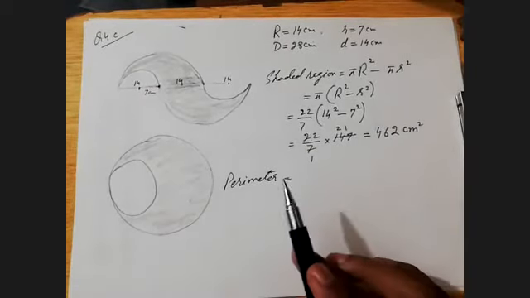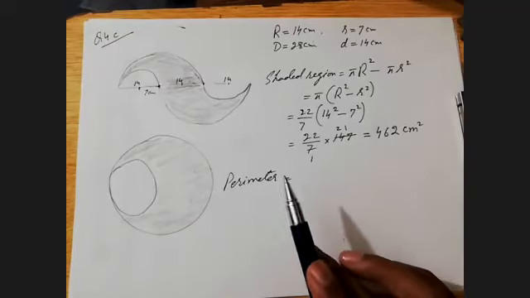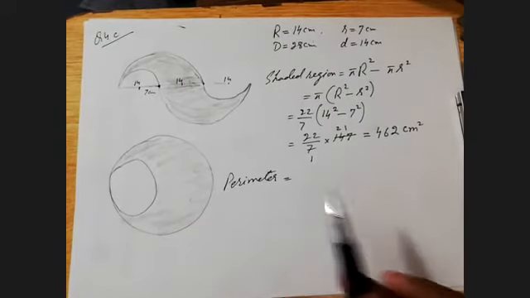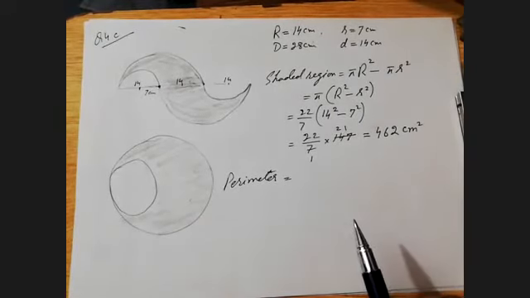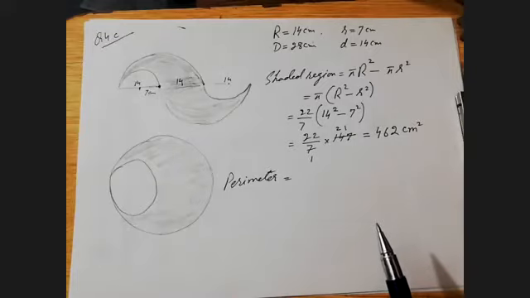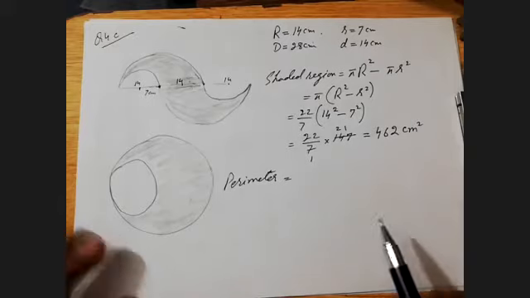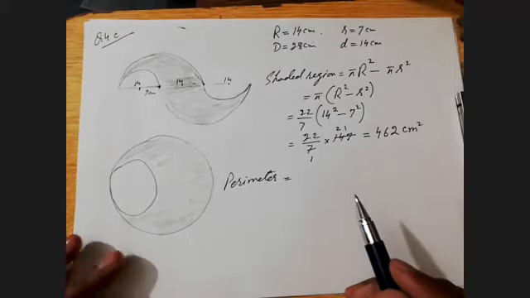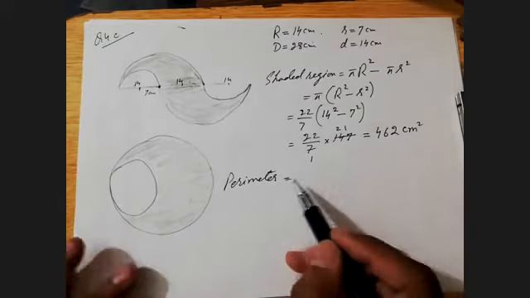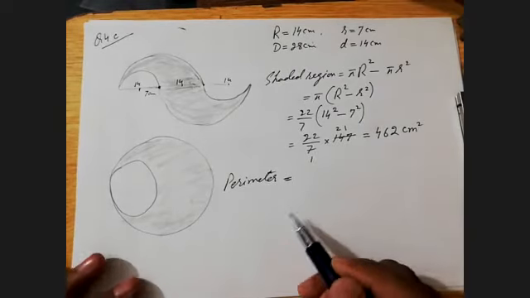Although the perimeter is not required in this question, but even then I am doing it for this part. For example, if somebody asks you to find out the perimeter also, that is why I am doing the perimeter. Although this is not required, wherever you can find it out, you must be aware of how we are going to find out the perimeter.